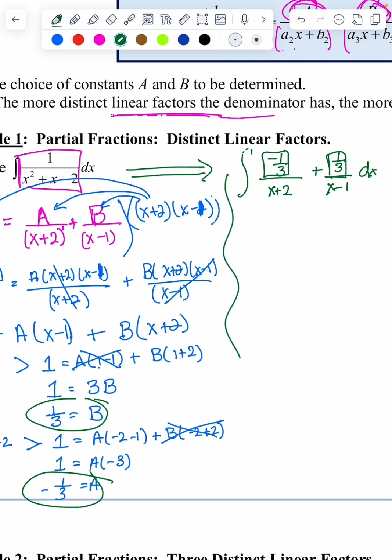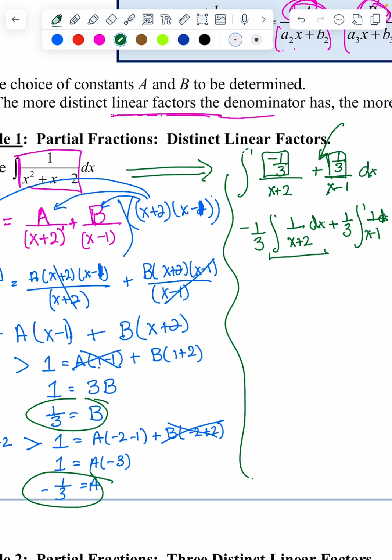So now we know that when we integrate this, I can take out the coefficient of negative 1/3, and I'm left with 1 over x plus 2 dx, plus take out the 1/3 of the second guy and integrate just 1 over x minus 1 dx. Because this is added, I can simplify that. And this should be an easy integral. So now we got negative 1/3. Well, this is a linear term, right?